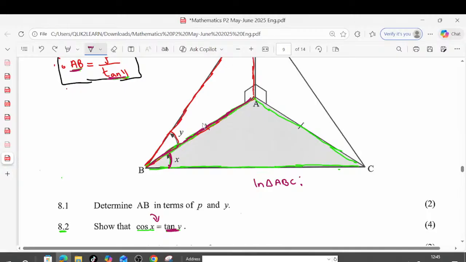So we know that if this line is equal to that line, this one is also x, because 2 angles are equal, and then I can use that AB because I need AB to make things work. So now I'm going to say the sine of angle C over AB.